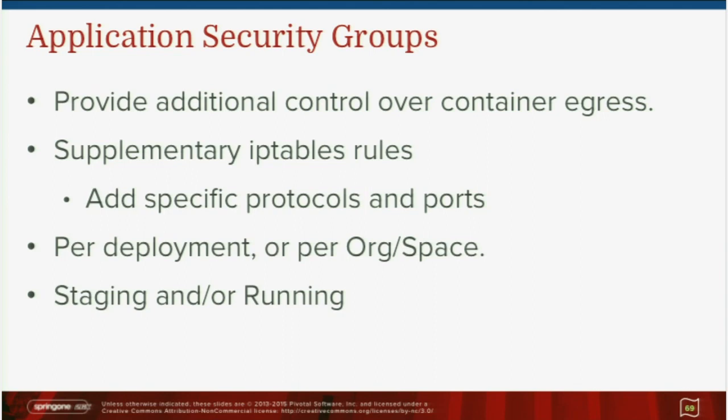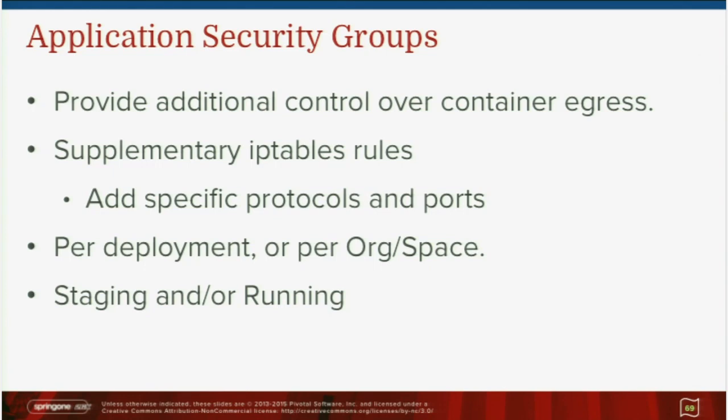There's an additional feature which comes, I think it's in version 1.4, it might be version 1.5 of PCF, called application security groups. What this allows you to do is specify additional IP tables rules and bind those rules to a particular organization and space, right? So at the end of the day, you've got some default set of rules that control the network traffic within the cloud. At the same time, you might not be satisfied with that default set.